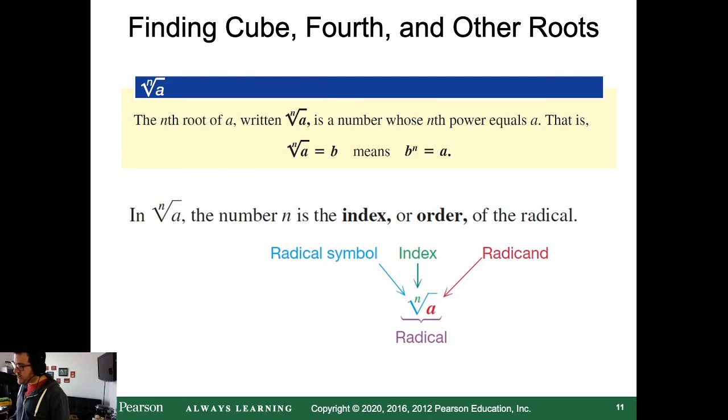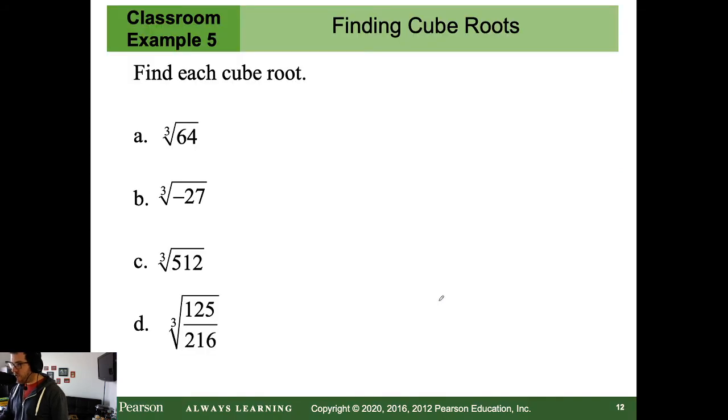All right, so let's look at this guy. I kind of hinted at this earlier, but when we're talking about square root signs, the normal square root sign normally has an index of 2, but you can have things like cube roots. Remember, as a review, for the square root of 64, we asked ourselves, is there some number times some number that equals 64?